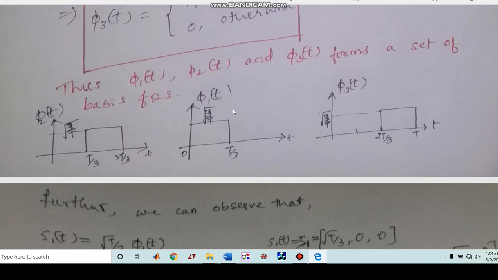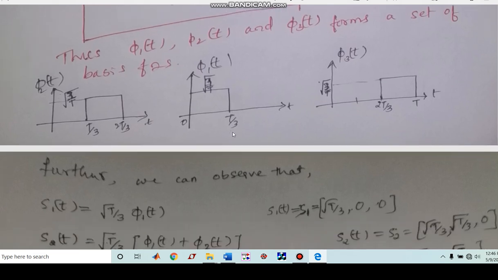The order I have changed. Phi 1 of t should have been written here, so it would have been easier for you to look through the signals. So these are the three orthonormal basis functions. What can we do with these basis functions? Using them, we can represent S1 of t, S2 of t, S3 of t, and S4 of t.